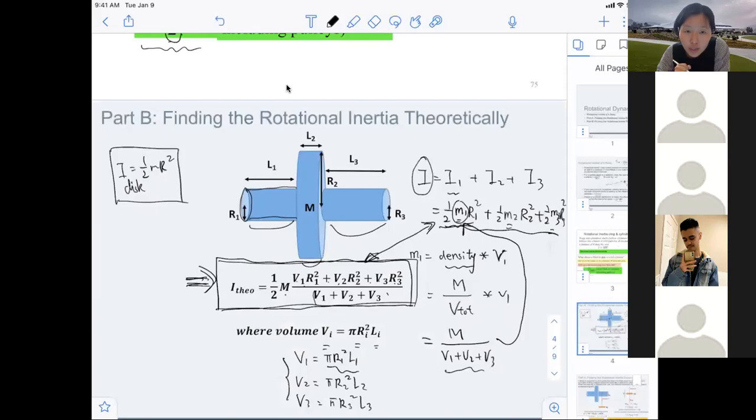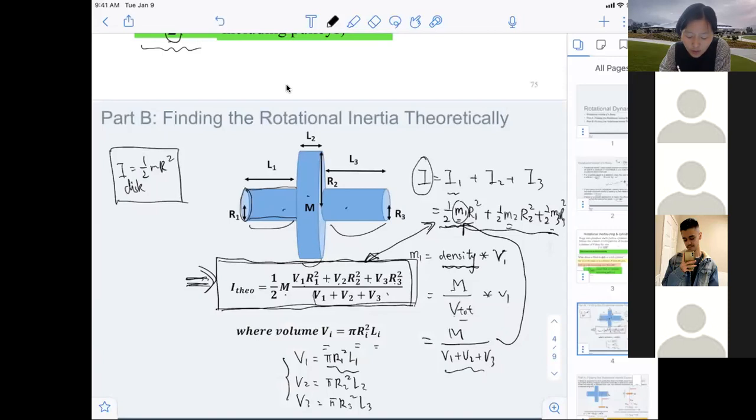There is a question in the chat that asks, what is the denominator for density? For density, the denominator is the total volume. These three parts are made of the same material. So the density of this material is the total mass divided by the total volume of the entire object.